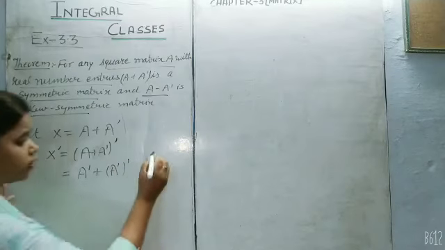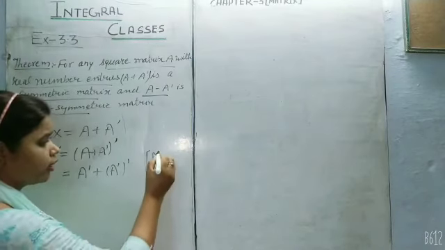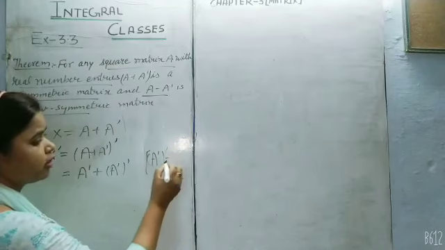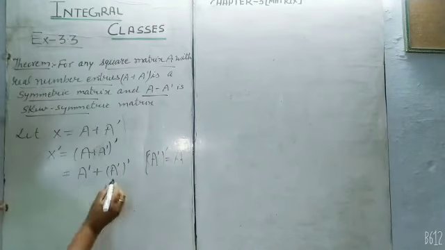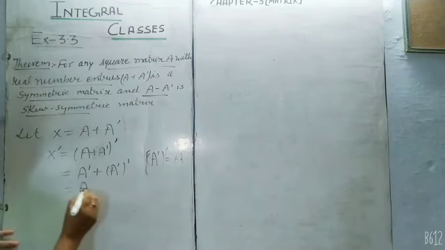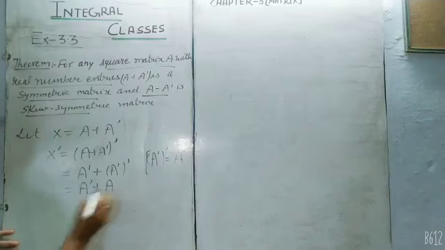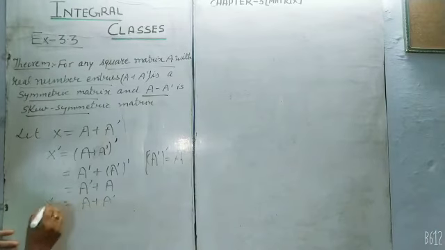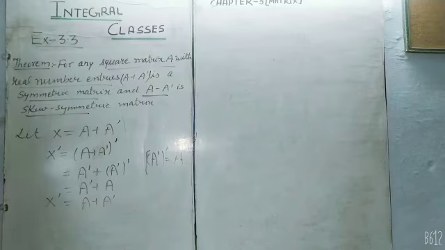Now student, we know that A transpose transpose becomes A again, so we replace it: A transpose plus A, and we write A plus A transpose, which is equal to X transpose.